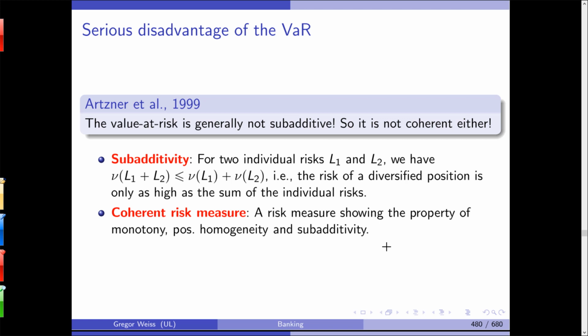That means if you have 2 risks, 2 distributions, L1 and L2, and you add them, meaning that you form a portfolio, then the risk measure of your portfolio, L1 plus L2, should be less than or equal to the risk measures for L1 and L2 individually. Meaning what? If you have two individual investments and you form a portfolio, you should always see some diversification but no risk amplification.